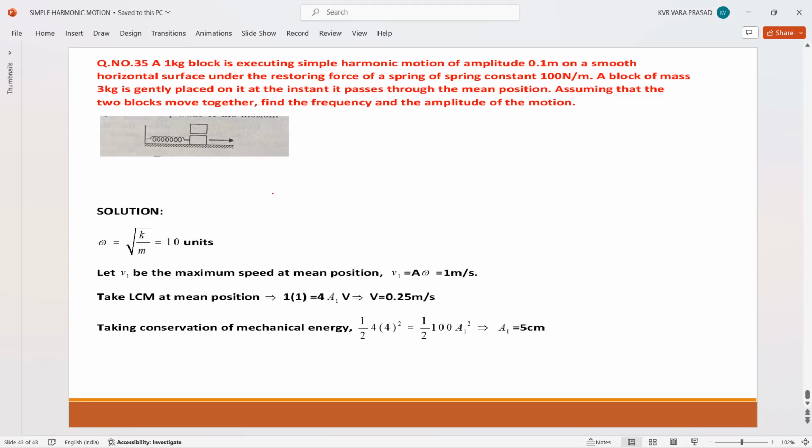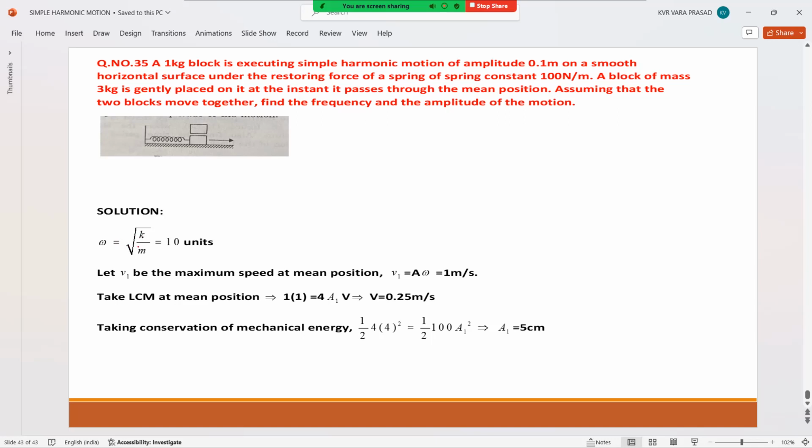Assuming that the two blocks move together, find the frequency and amplitude of the motion. So coming to frequency, it is a direct one. Omega equal to root of k by m, right?